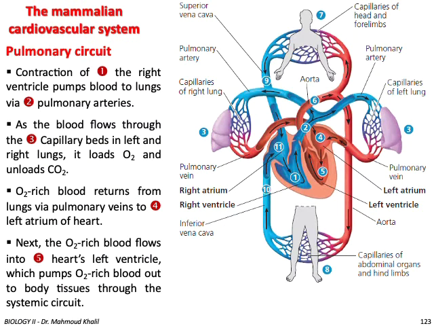Starting with the pulmonary circuit, to start with the contraction of the right ventricle that pumps blood to the lungs via the pulmonary arteries. As the blood flows through the capillary bed in the left and right lung, step number 3, it loads oxygen and unloads carbon dioxide. The oxygen-rich blood returns from the lungs via the pulmonary veins to step 4, which is the left atrium of the heart.